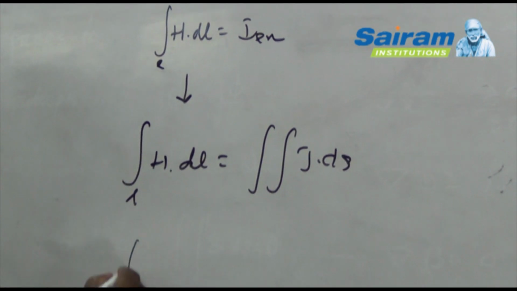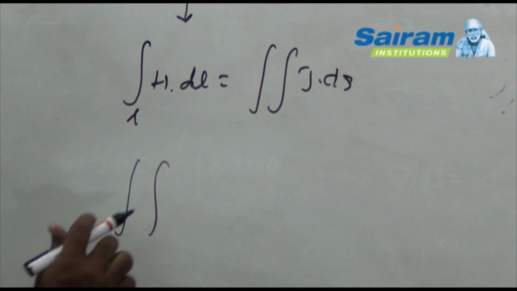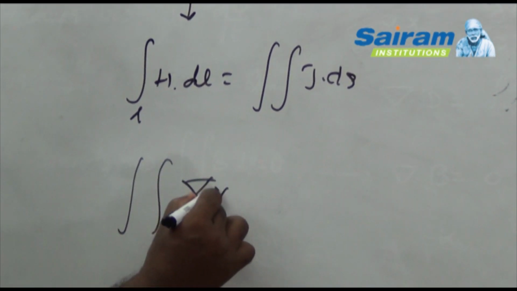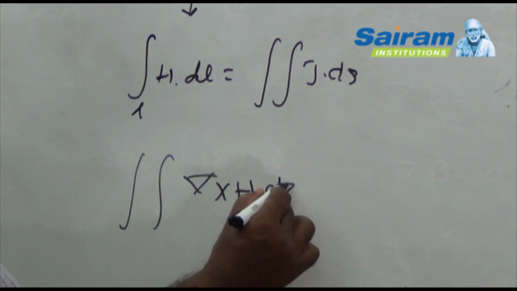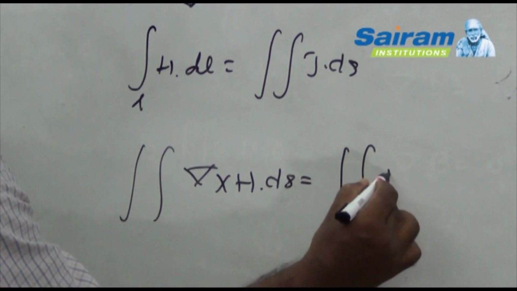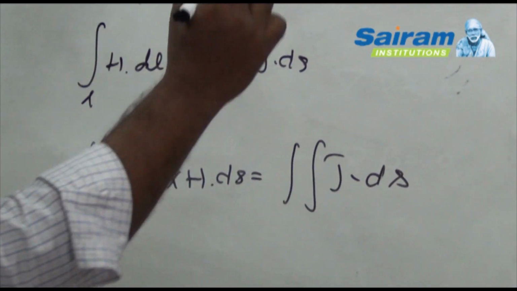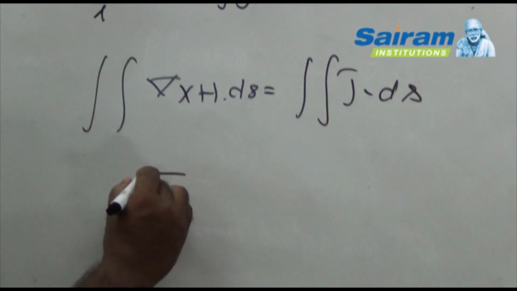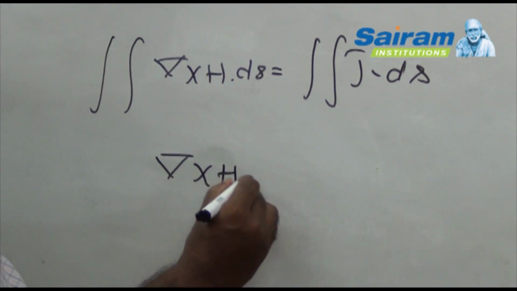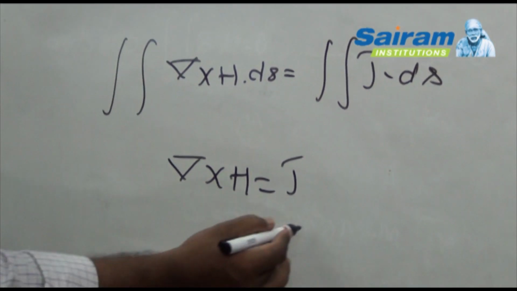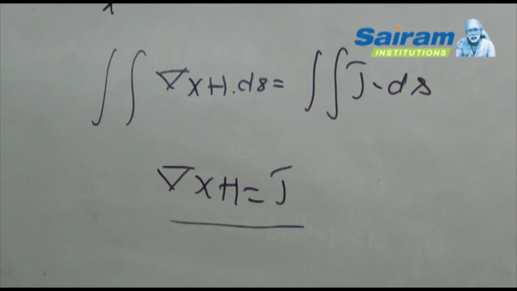Then using Stokes theorem, this line integral becomes a surface integral: curl H dot ds equal to the double integral of J dot ds. So for the same surface, curl H equal to J. Curl H equal to J is one of the concepts.